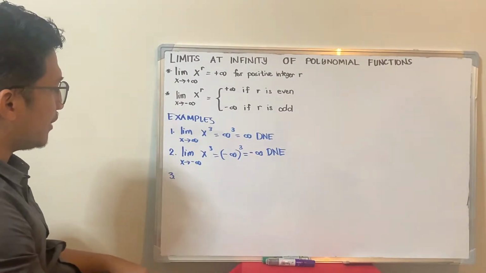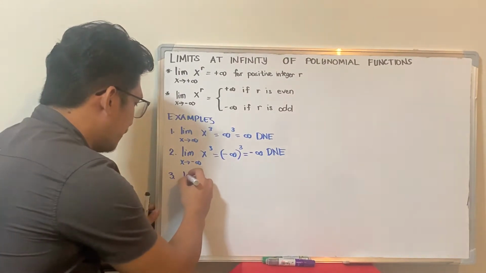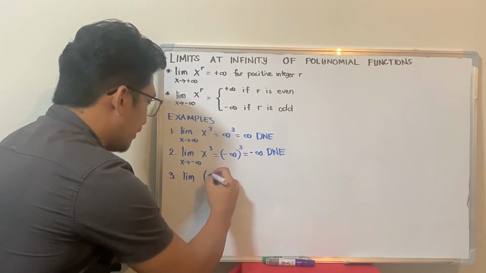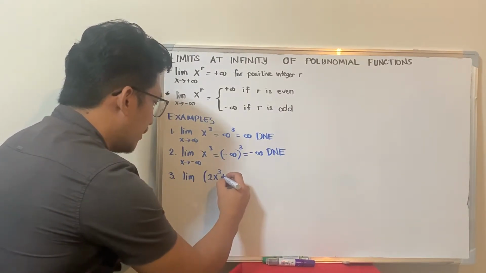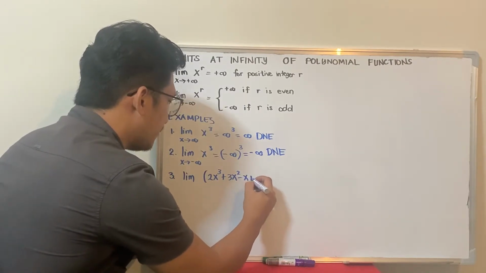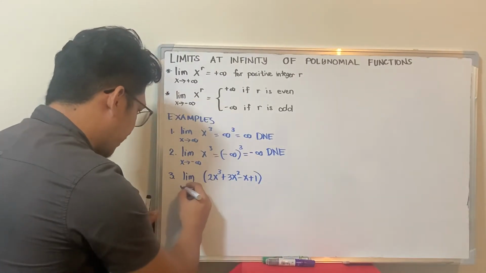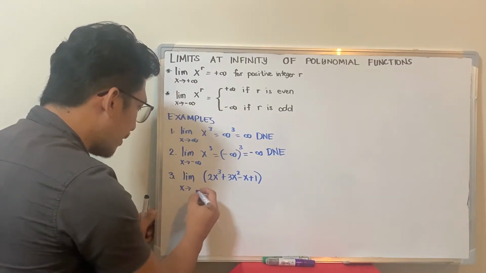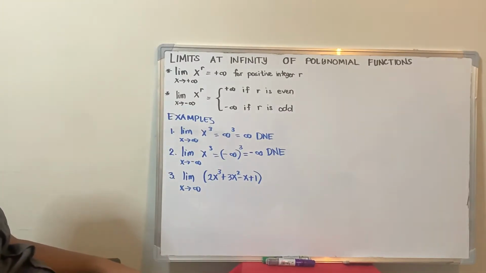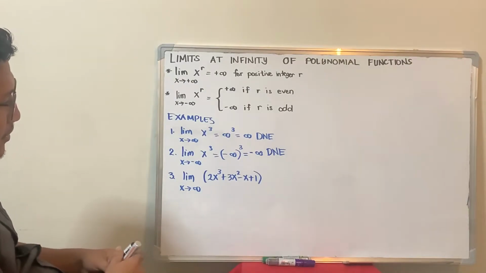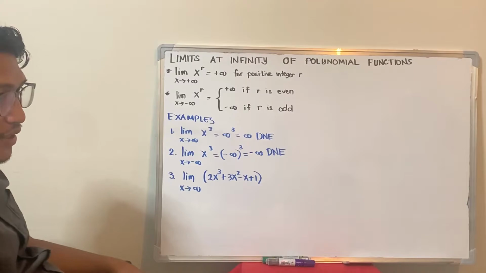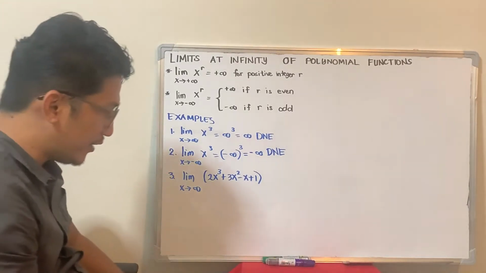so it would be different, guys, if we have a polynomial function like this one, the limit of, let's say, 2x cubed plus 3x squared minus x plus 1, as x approaches, let's say, positive infinity. In this case, what you do is just look for the highest degree, the highest exponent, in other words.